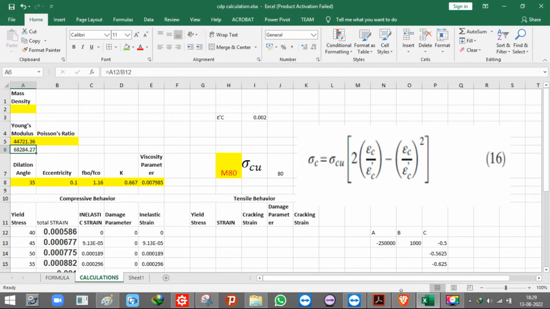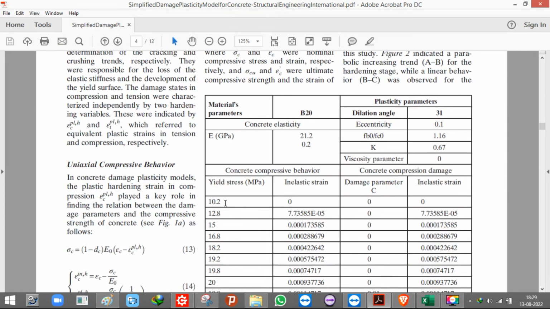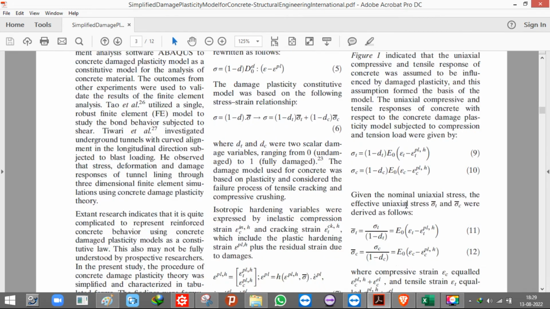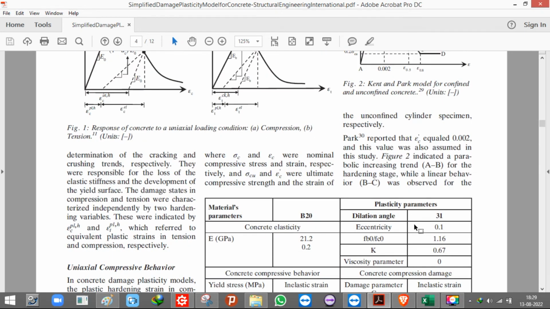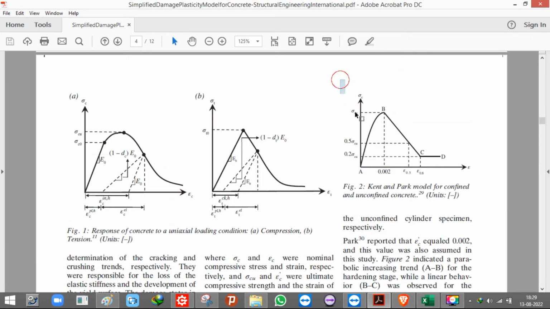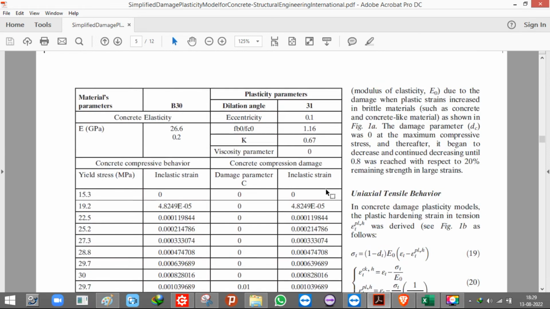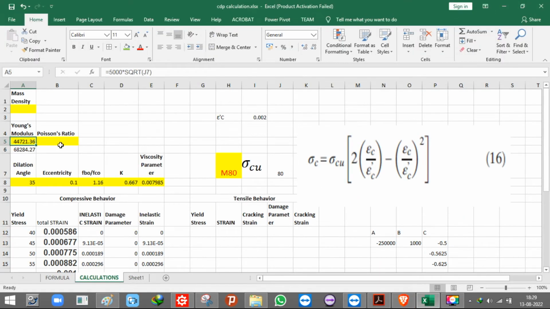So, as we are using this Kent and Park model, I would suggest you to use simply stress upon strain. Whatever modulus of elasticity we get, we will use that only, because if you use any other formula from any other code, it may give you a wrong result. If you are using a particular model, then you should use that one only to calculate the modulus of elasticity, that is stress upon strain. So we will not consider this value, we will directly use this one.